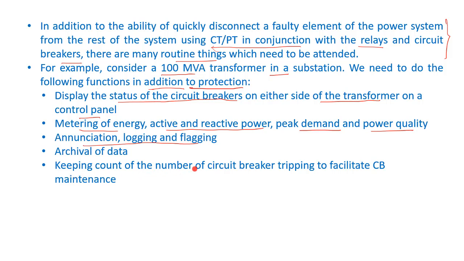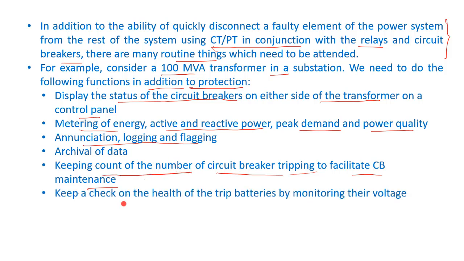Then keeping count of the number of circuit breaker trippings to facilitate CB maintenance, because circuit breakers are maintained after a certain number of operations. Therefore it is very important to keep count of the number of circuit breaker operations or trippings.